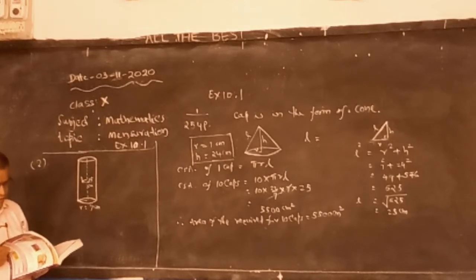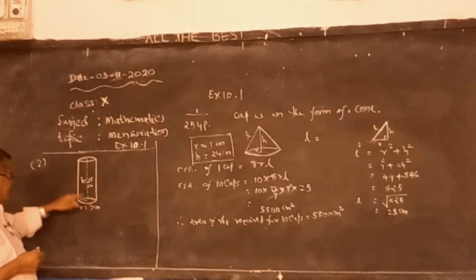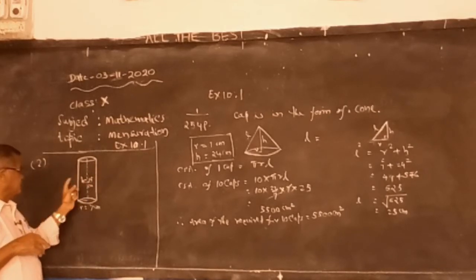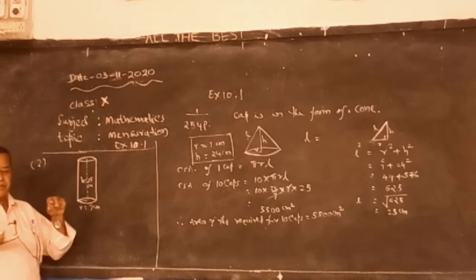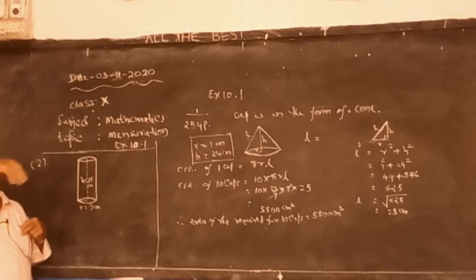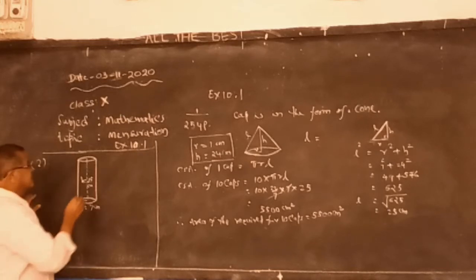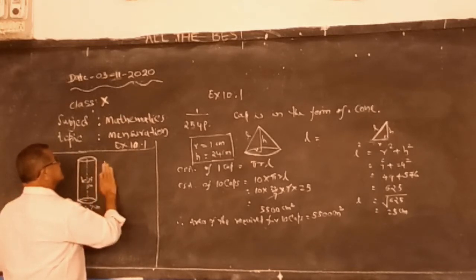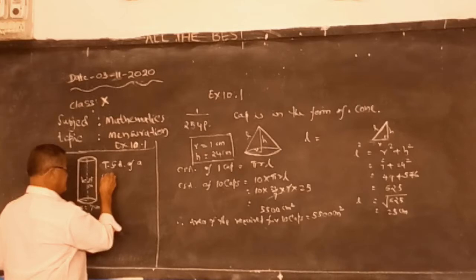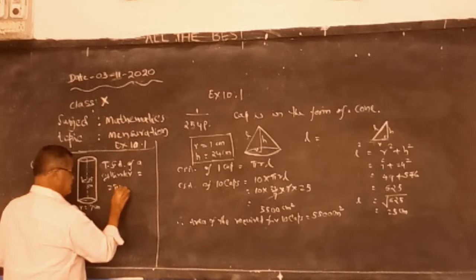How much paper is needed to make them? Here we need TSA, total surface area. We have to prepare the CSA, the round part, the base circle and the roof top lid. The lid also is circular in shape. So we need TSA. TSA, total surface area of a cylinder, is equal to 2 pi r into h plus r.